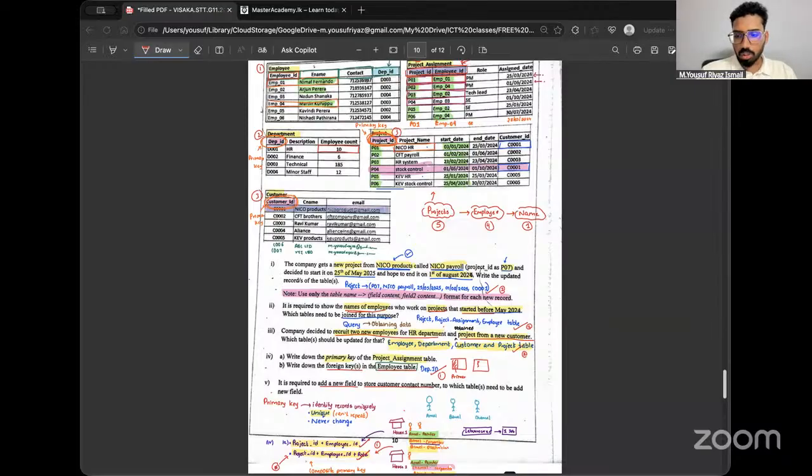Correct. We are going to store the customer's contact number. So that's the details about the customer. So we can update the customer table.